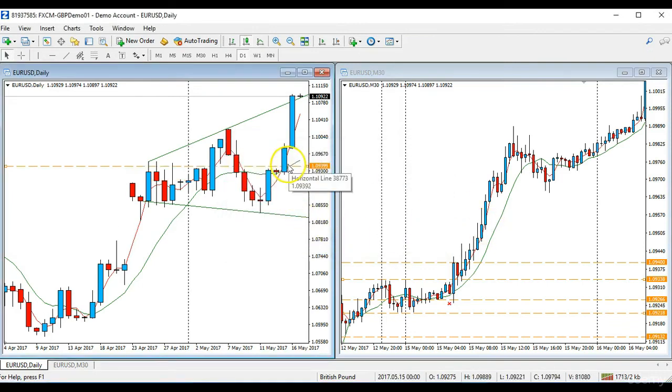Okay, so now what you can see here is that if you put this level that's here onto this daily chart, we already believe that price is going to move towards the other side of this megaphone channel, okay?